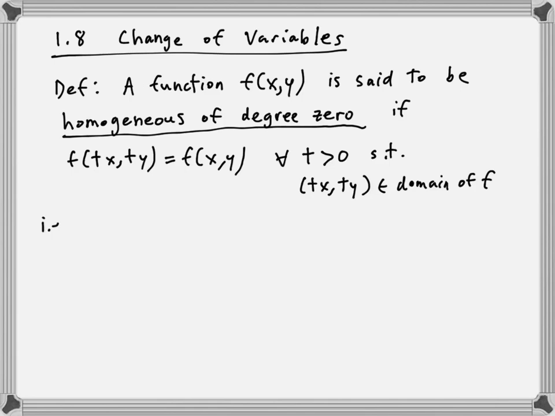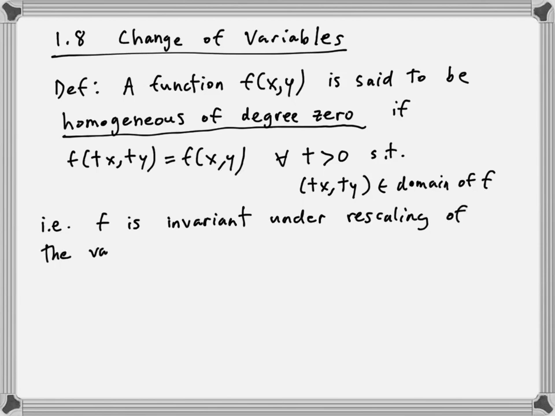So, i.e., f is called invariant under rescaling of the variables x and y. Because that's all we're doing. If you multiply x and y, the inputs, by any positive number, it does not matter, you end up with the original function again.